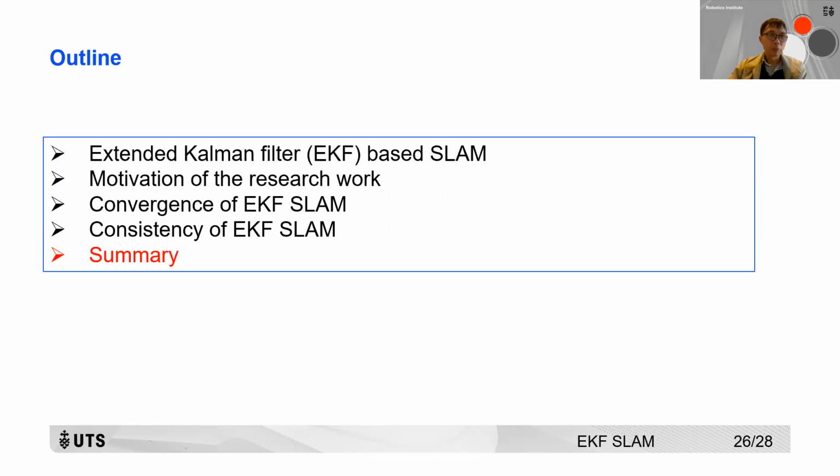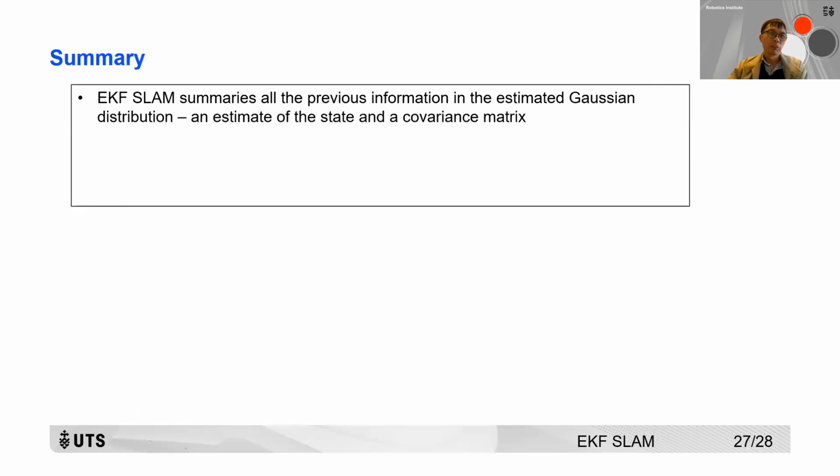Let's give a summary. This is a kind of old work, but the first point I want to make is that EKF SLAM summarizes all the previous information in the estimated Gaussian distribution, including a state estimate and a covariance matrix.